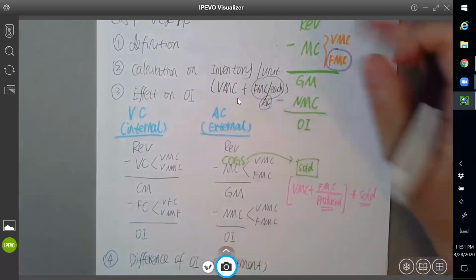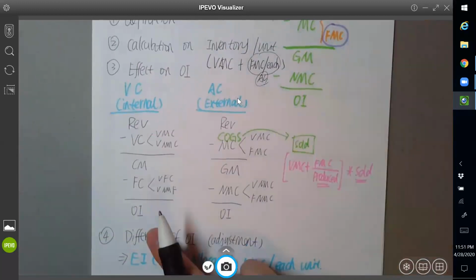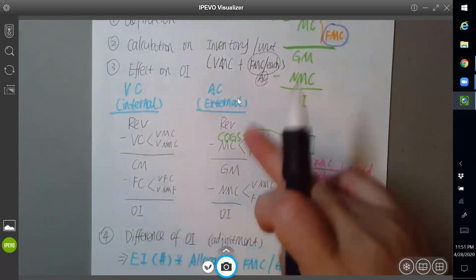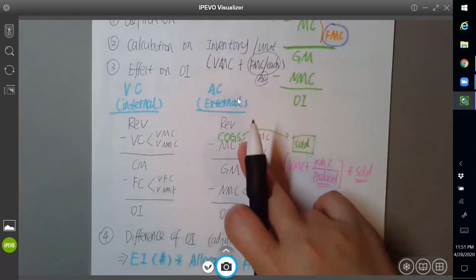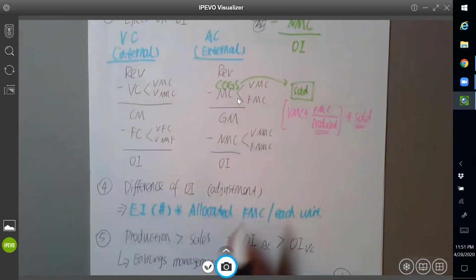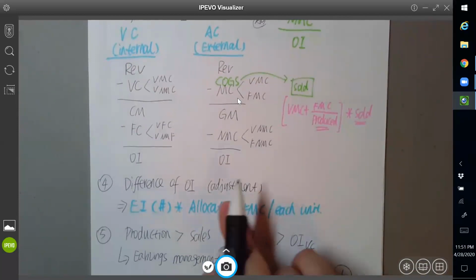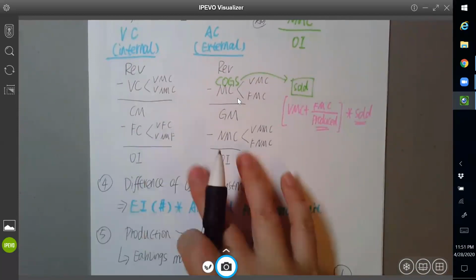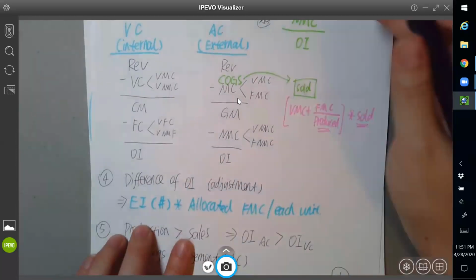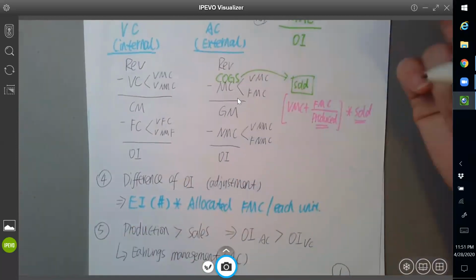As for the effect on operating income, as I mentioned, if your production is more than your sales, your operating income under absorption costing will be higher. And then you have to know how to adjust, how to reconcile from one method to the other. The difference, remember, you produced 10 units, you sold 8 units, so you still have 2 units.